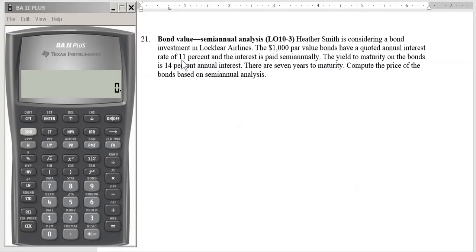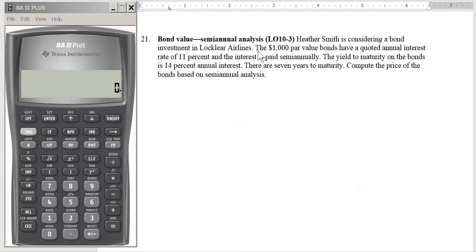They have a quoted annual interest rate of 11%, and the interest is paid semi-annually. So both the par and this coupon rate of 11%, or the stated annual interest rate as they mention it, is 11% annually, but it's paid semi-annually. In other words, every half year.